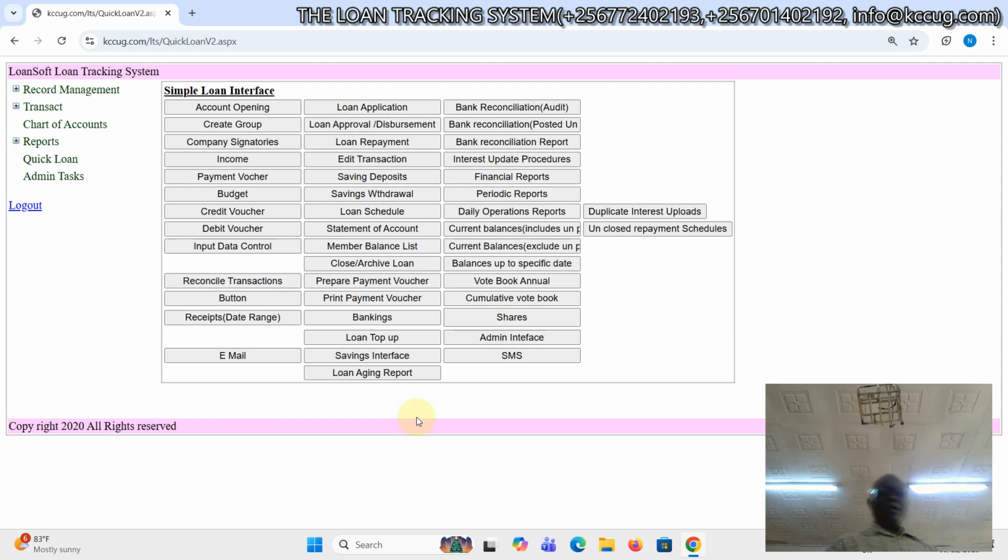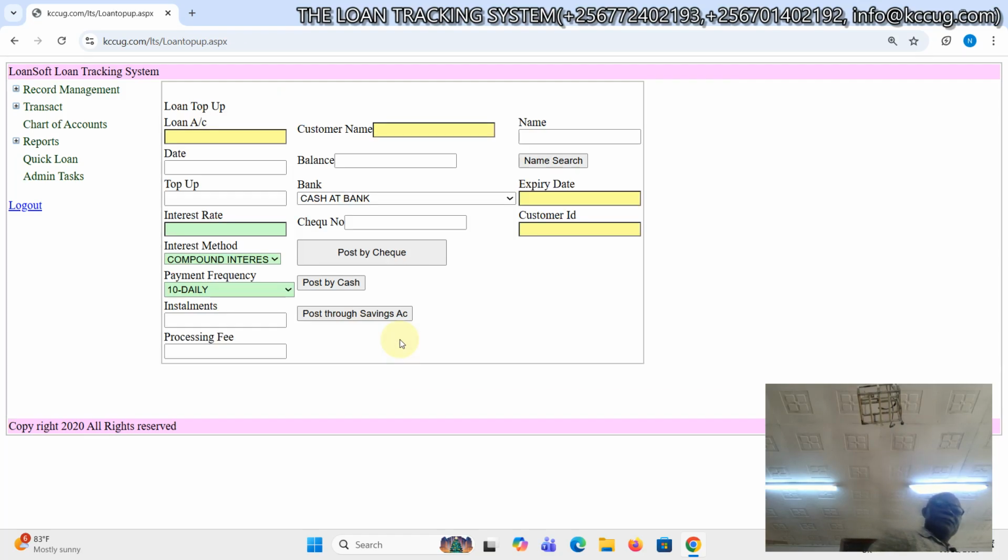Then we have the top-up business. Somebody can come and say, I took a loan. I don't know what your policy is, but I may take a loan of 2 million shillings. I service it very well.